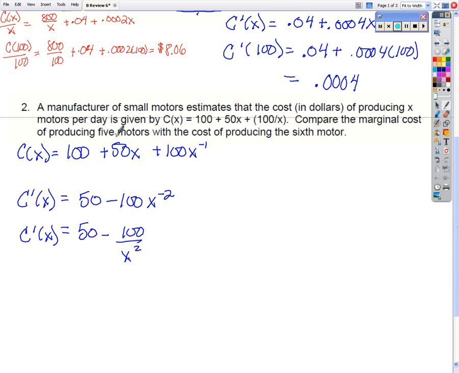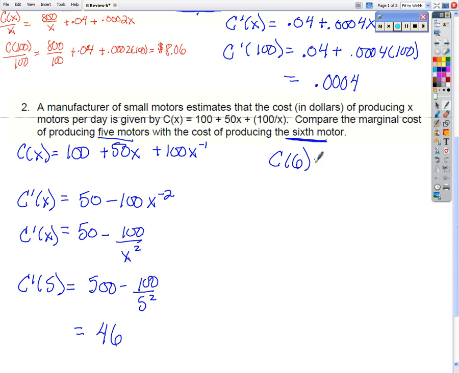And we want the marginal cost of producing 5, so C prime of 5. And that equals 46. Now, the cost of producing the 6th motor is the cost of producing 6 minus the cost of producing the first 5.